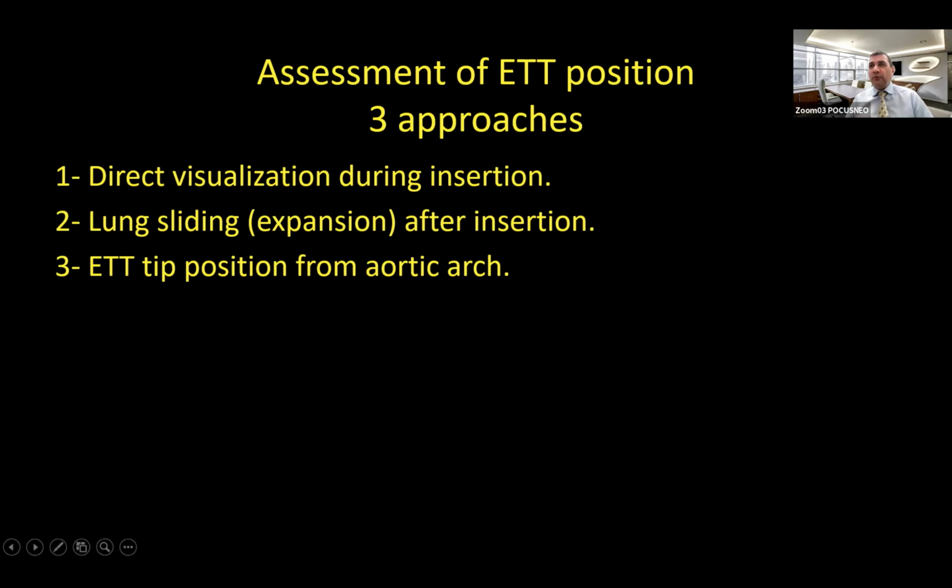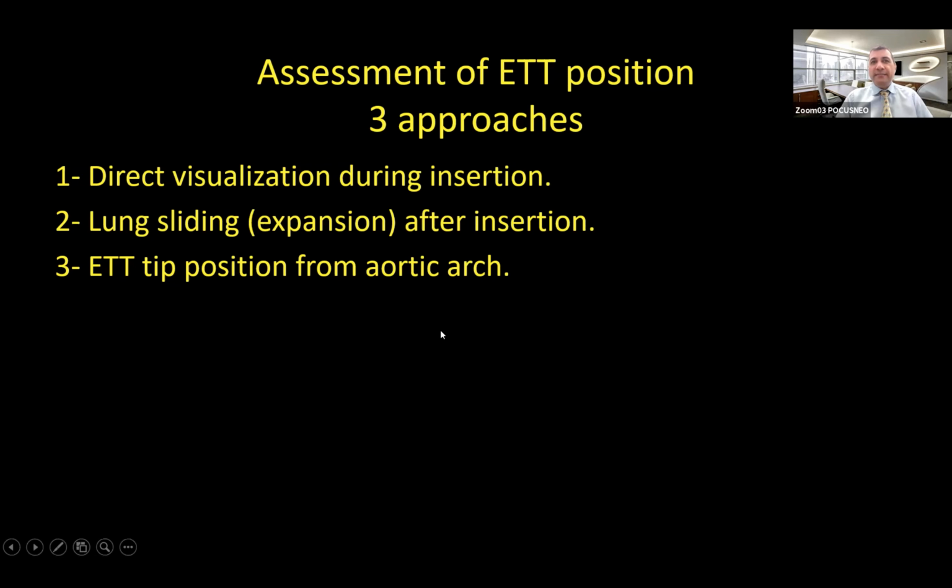If you have someone who is flat and intubated, and someone is bagging, you just need to assess sliding on both sides to be sure that the ET tube is in and that the expansion is bilaterally equal. Direct visualization of the tube needs a little bit more experience, and ET tube tip position needs much more experience because you need to know how to assess the aortic arch.